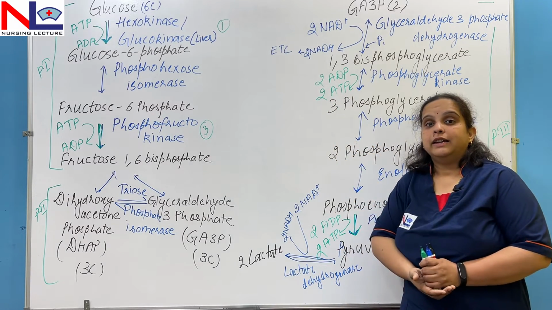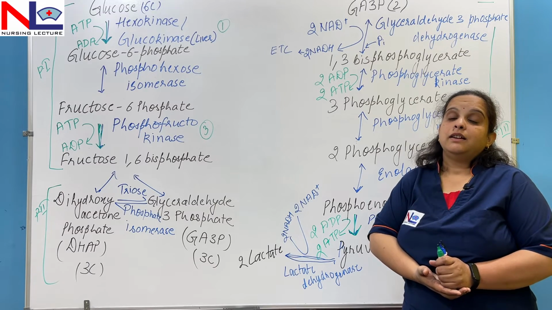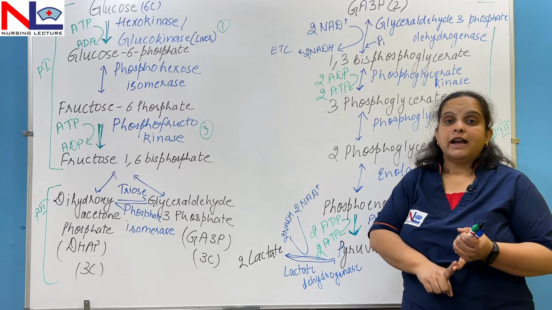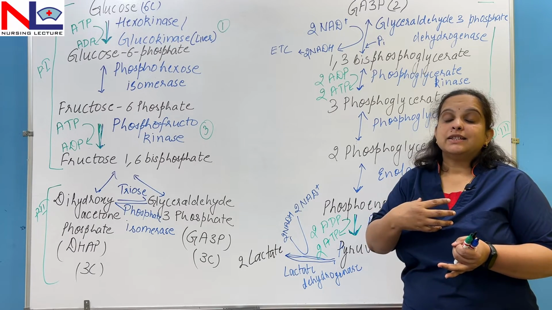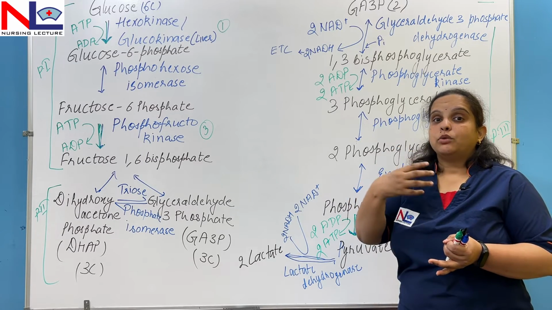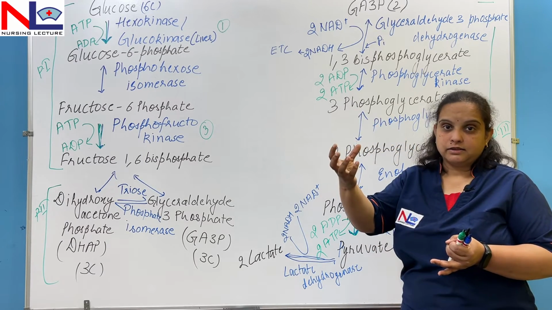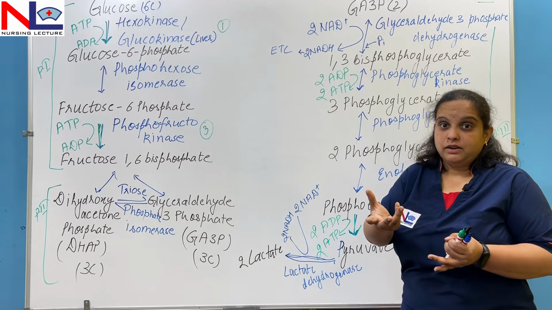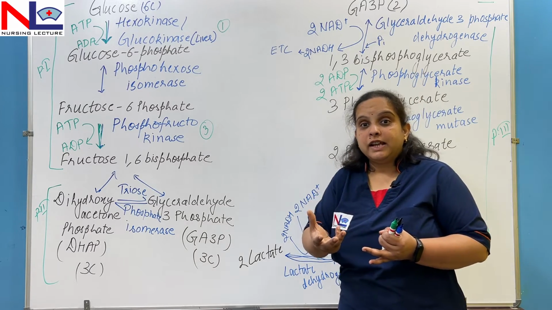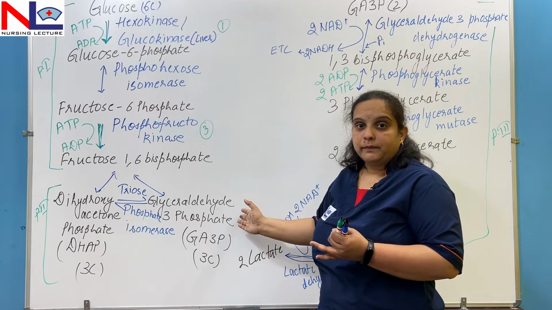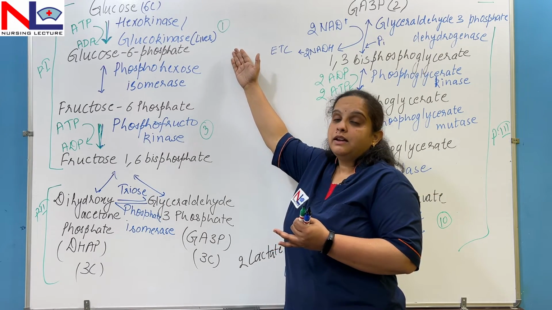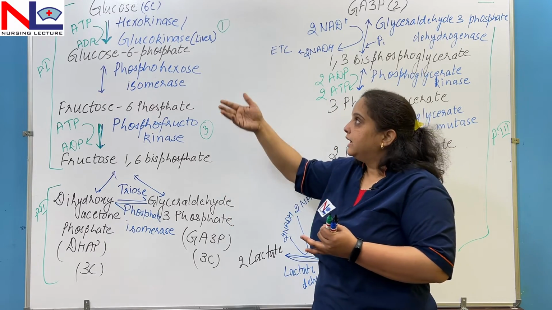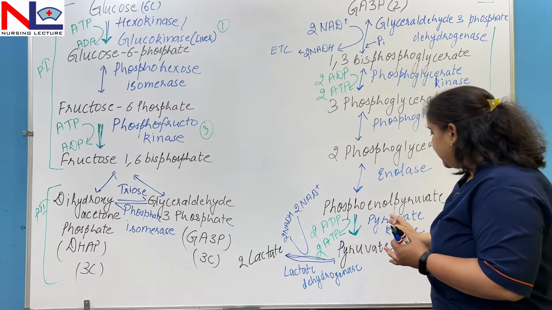So here in this glycolysis pathway, we can see that this pathway is regulated mainly by 2 hormones, one is insulin and one is glucagon. Whenever we ingest a carbohydrate rich diet, the insulin production increases to break down this glucose so it is utilized by our cells to produce energy. So whenever the insulin secretion increases, that favors the glycolysis pathway, and the enzymes that catalyze the irreversible reactions are also stimulated, that is hexokinase, phosphofructokinase and pyruvate kinase.